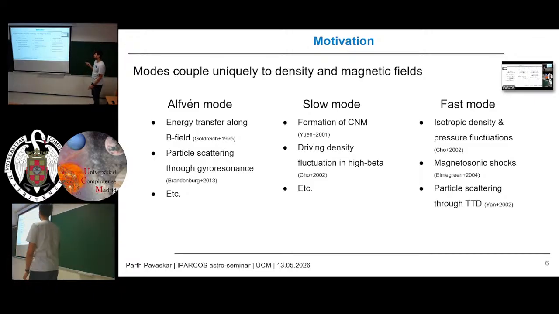But if you do have some simulations where you somehow do get a larger fraction of fast modes, you see some very interesting effects. Essentially, the pressure fluctuations. We saw density fluctuations, but it has been shown that only the fast mode is able to actually drive pressure fluctuations in non-ideal MHD plasmas. You have magnetosonic shocks.